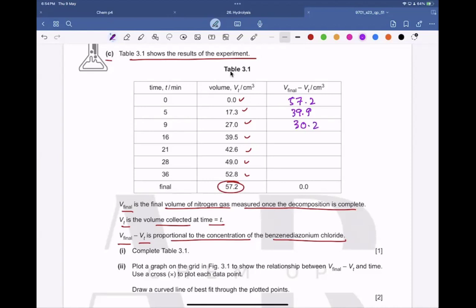Okay, 57.2 and 39.5, 17.7. 57.2 and 46, 42.6... 14.6, 8.2, and the last one, 4.4. Okay, thank you, Sean.